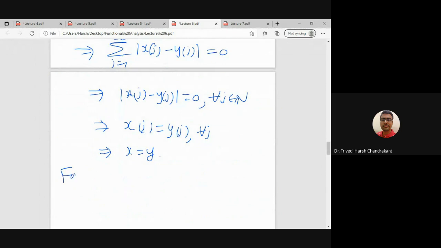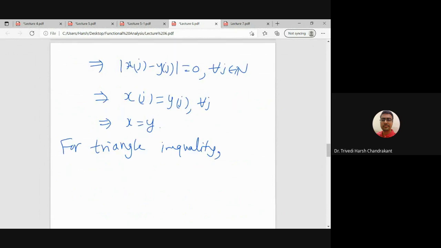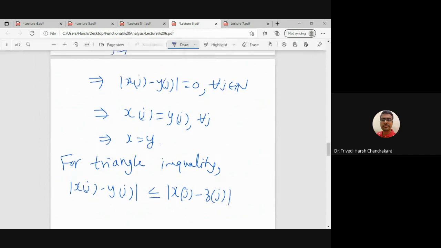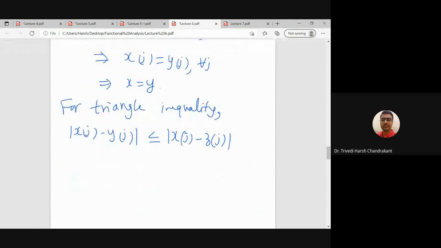So for the triangle inequality, what we have is xj minus yj. We know that this is always less than or equal to xj minus some other sequence z, plus zj minus yj.